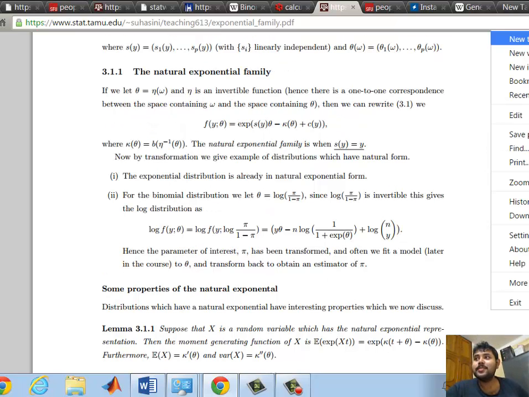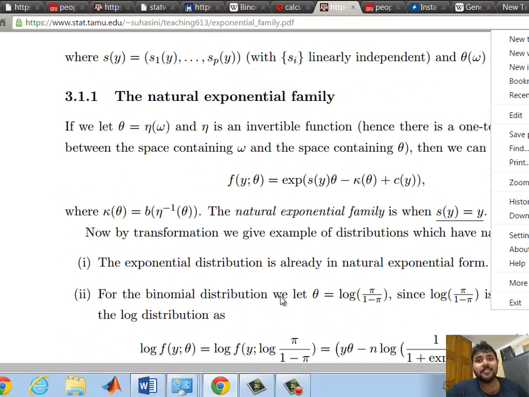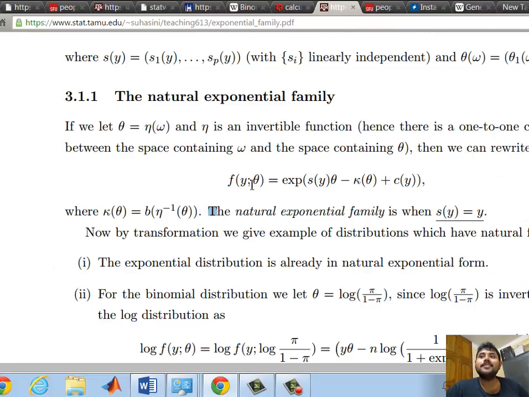I have definitely kept this to give credits to the original author, whoever took the pains to save our pains. So a natural exponential can be written in this form, kappa. What they have done here is, you remember my y into theta by a of phi.